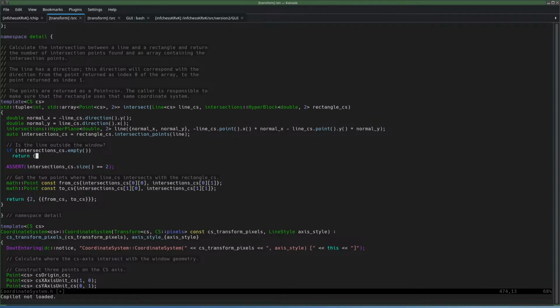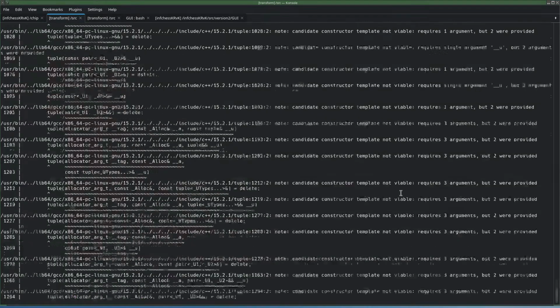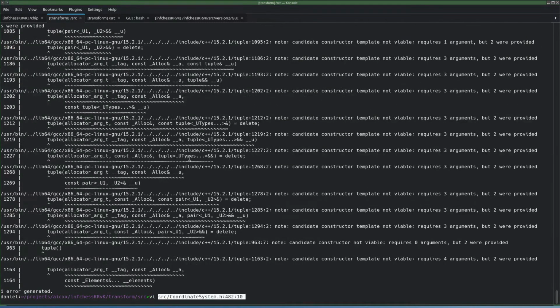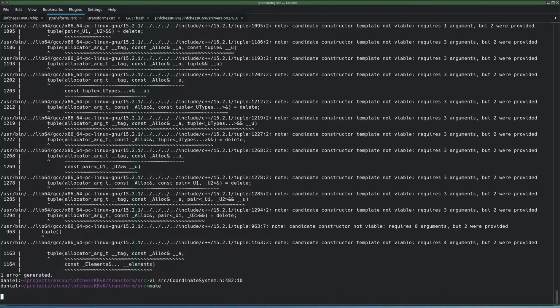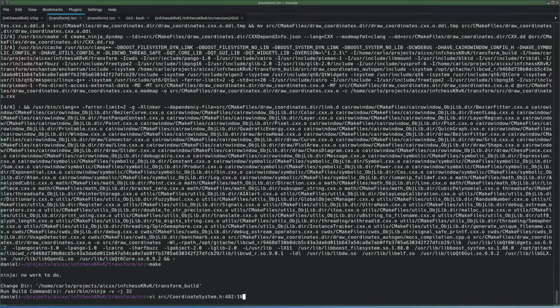Okay, let's try this for a second. That works. And then let's use that here as well for a second. At least now it compiles, and then we run the thing.